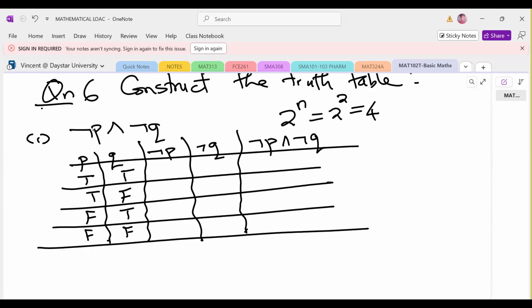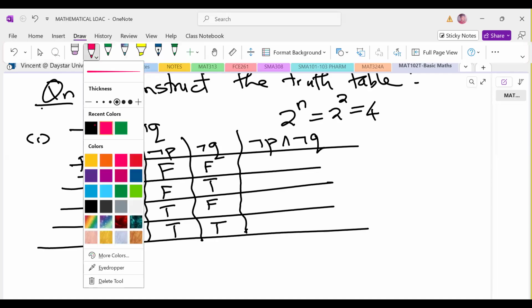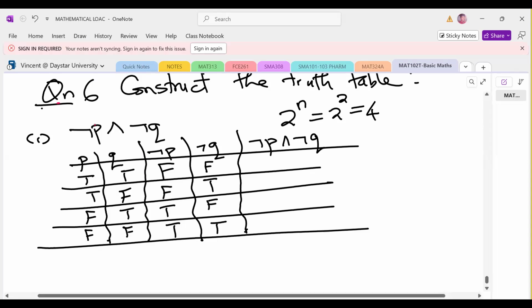False, false, true, true, and then Q: false, true, false, true, correct. So that's what we have. I hope negation has no problem, right? And then now we have not P and not Q. So false and false gives?